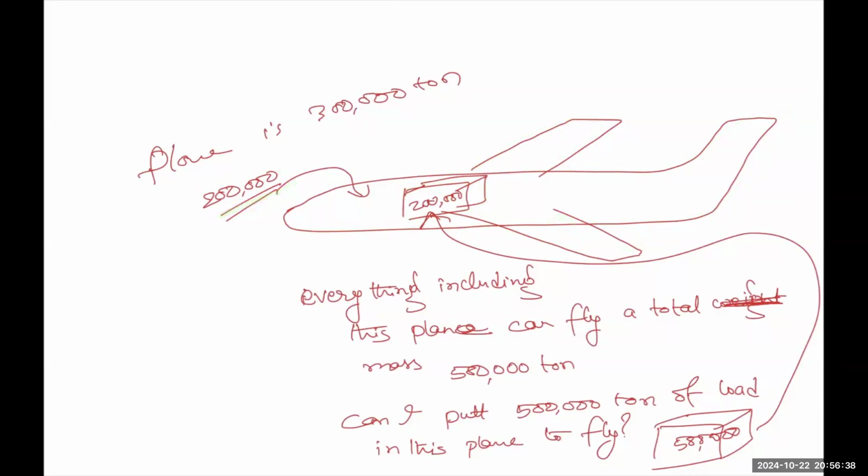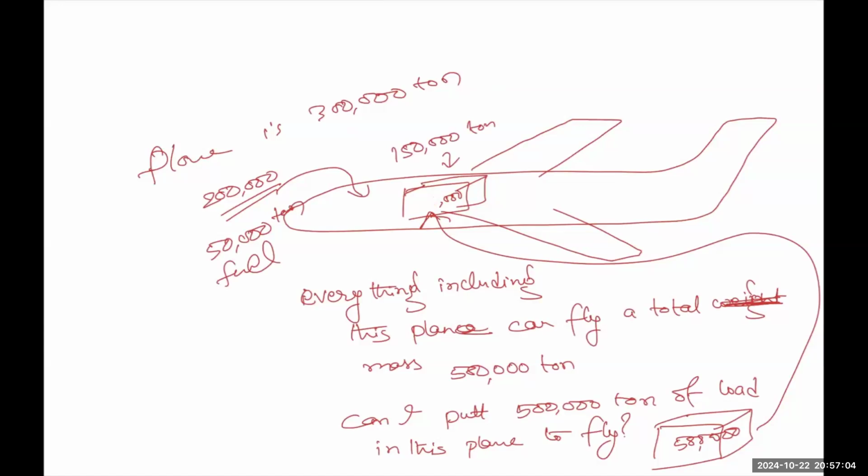No. So maybe another 50,000 ton of fuel is required. This is the fuel, right? And then I have a load of 150,000 ton, so I can put it in the plane, because 50,000 is the fuel.